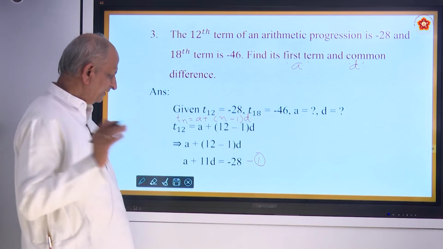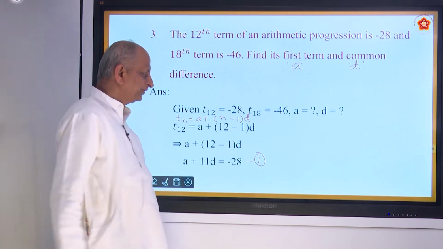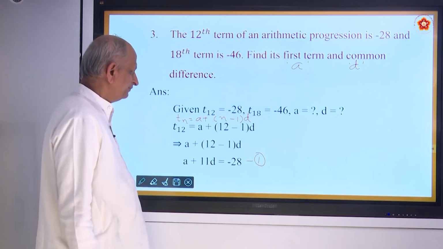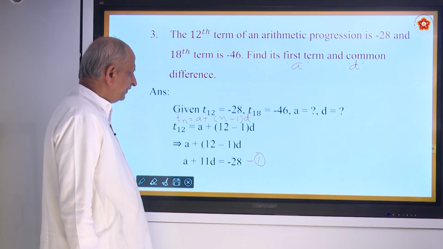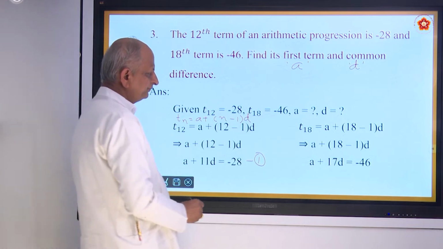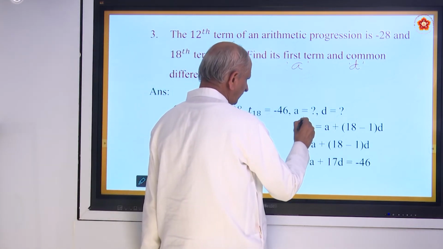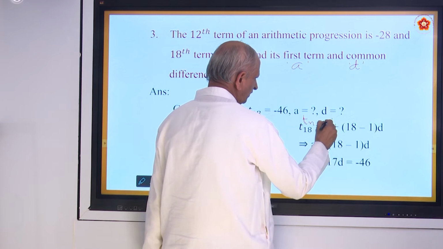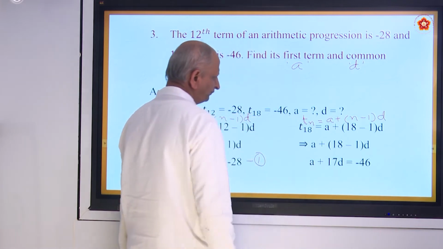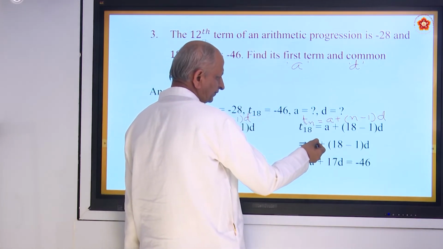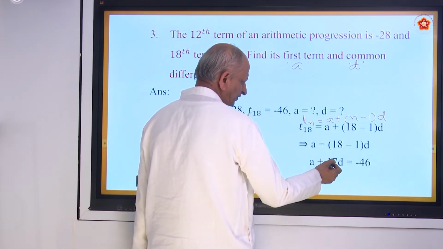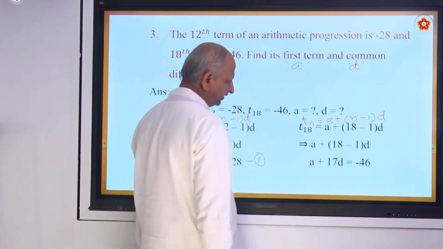Clear? Here A we don't know, D we also don't know. Then what you must do? You must think of one more similar equation. How do you get it? That is with the help of the second, T18. Again the same formula. Tn is equal to A plus n minus 1 into D. So T18, A plus n is 18 minus 1 into D. So A plus 17 into D is equal to minus 46, given.